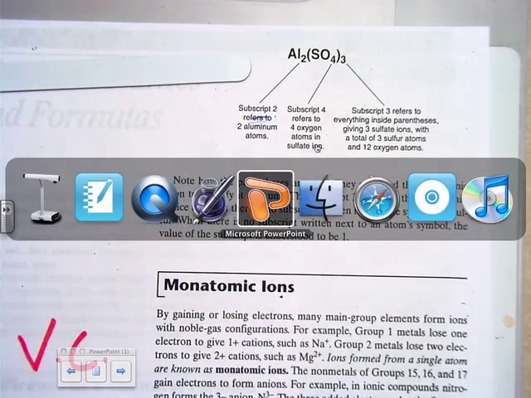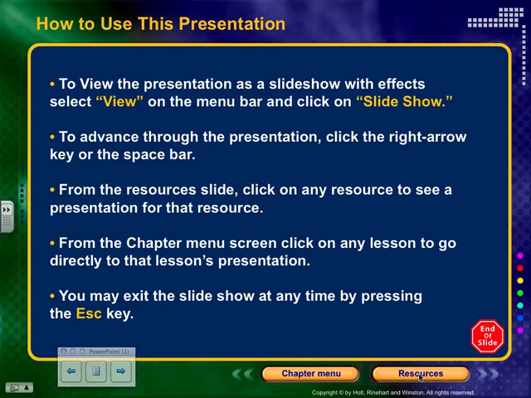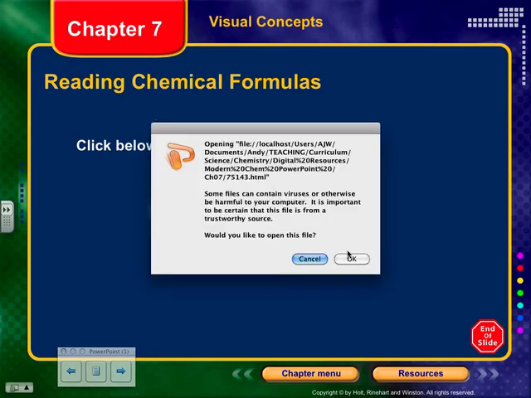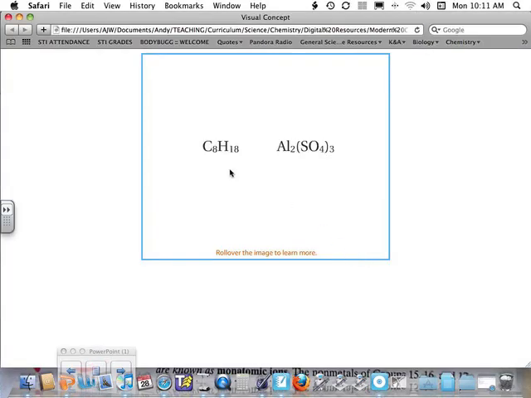I've got a little visual concept for you guys. Let's check this out on the computer. All right, so here's basically our two examples. The C represents carbon, 8 represents the number of carbon atoms, H represents hydrogen, 18 is the number of hydrogen atoms. Okay, so far so good. Aluminum, well that represents aluminum.